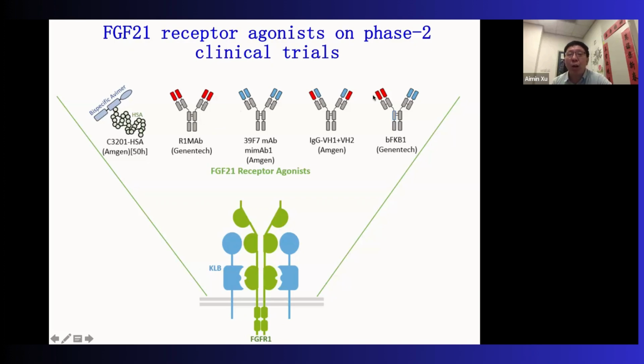There are also many hybrid receptor agonistic antibodies that bind to both the receptor and its co-receptor, KLB. Among these, for example, is BFKB8488A, the beta-Klotho and FGFR1 dual receptor agonist antibody, which is right now in phase 2 clinical trial.